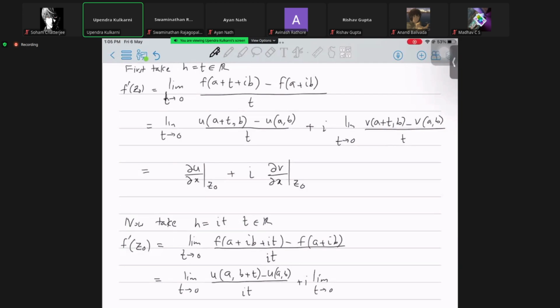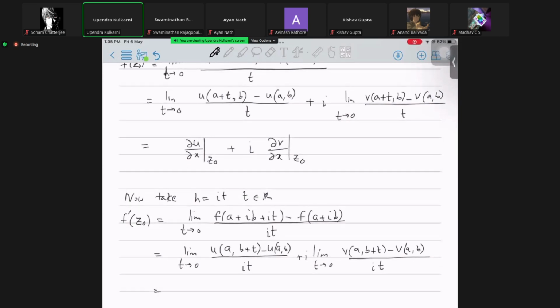And in the second one, what do I get? Exactly the same thing: v of a comma b plus t minus v of a comma b divided by it. Okay, very good.